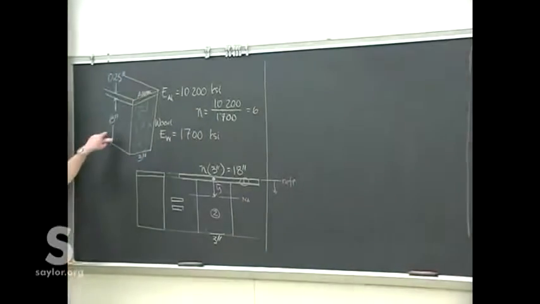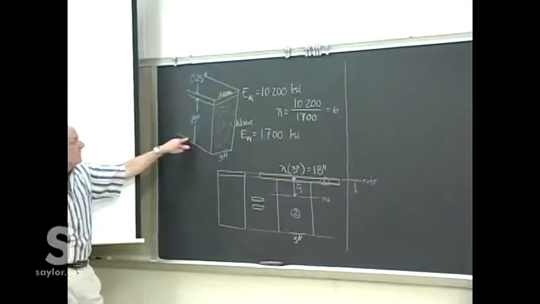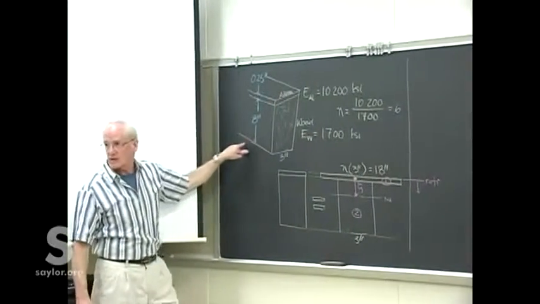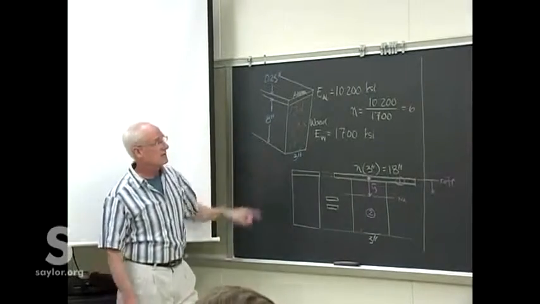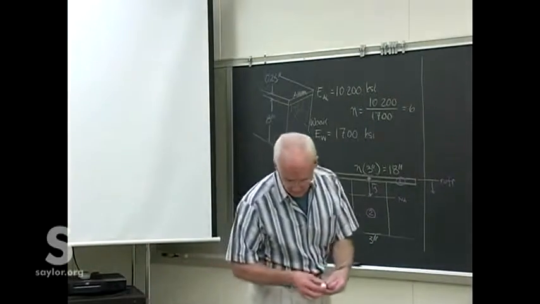Remember, the strain distribution remains linear, because that only had to do with the cross-sectional shape. Didn't have anything to do with the material. The stress that comes from that has to do with the material.